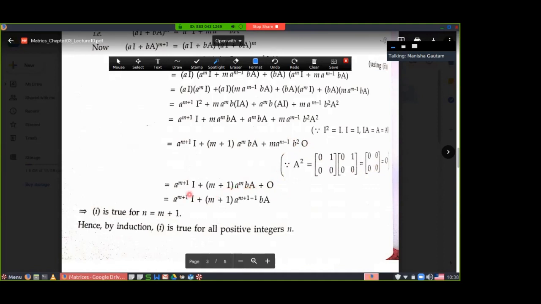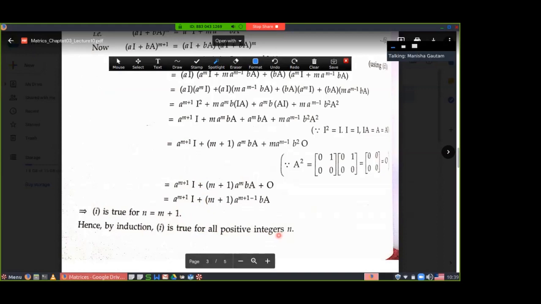When you put m plus 1 at the place of n in the given expression, you will get this equation: a to the power m plus 1 into I plus m plus 1 into a to the power m plus 1 minus 1 BA. This is the right hand side which you obtained when you put n is equal to m plus 1. It means left and right both sides are equal. It is true for m plus 1. So it is true for all positive integers n.